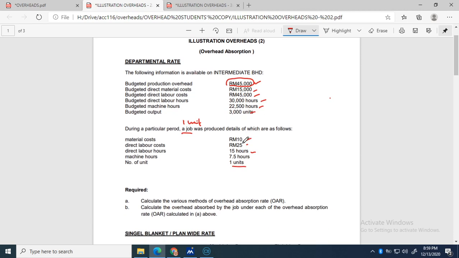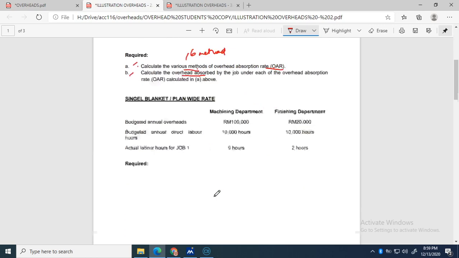So you are required to, A, calculate OAR, overhead absorption rate, using various methods. That means we have 6 methods, so for every method we have to calculate OAR. And then B, calculate overhead absorbed. From the OAR that you calculate in A, absorb the overhead based on the different methods.